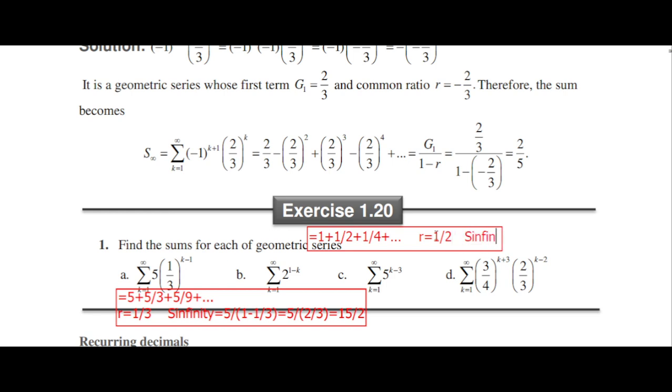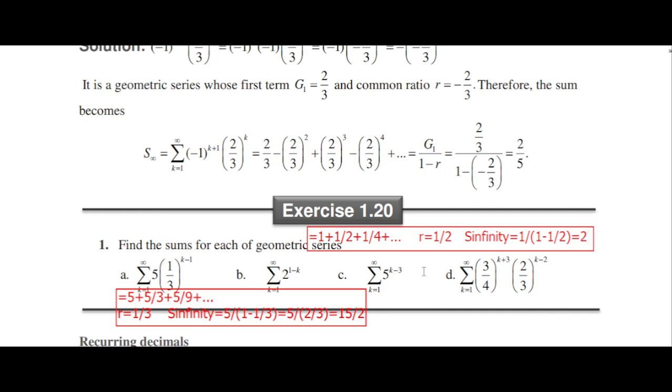S infinity is equal to G1 over 1 minus R. G1 is the first term, 1, over, in brackets, 1 minus 1 over 2. After simplifying, the denominator 1 minus 1 over 2 will be 1 over 2. 1 divided by 1 over 2 is 2. So this infinite series approaches 2.